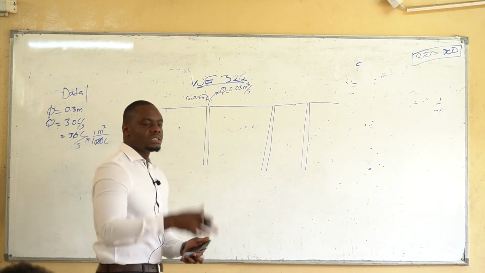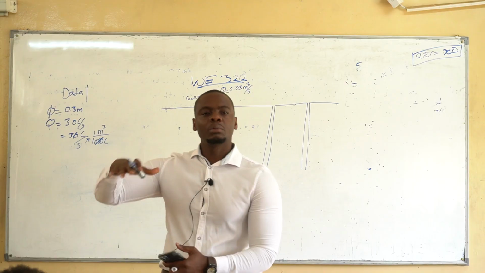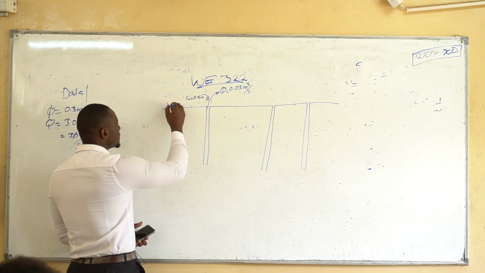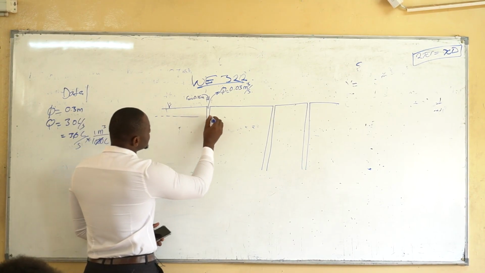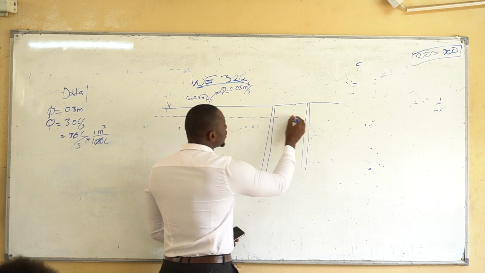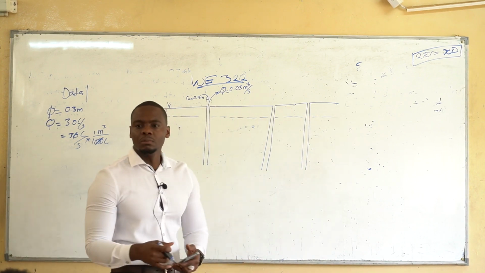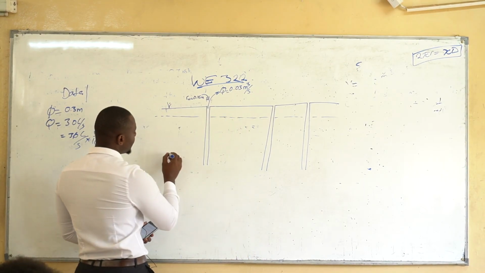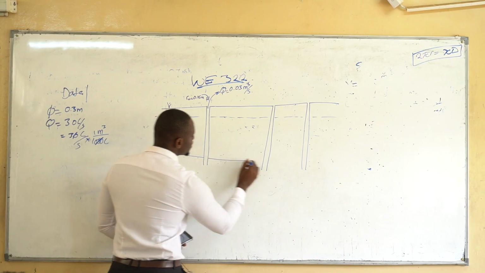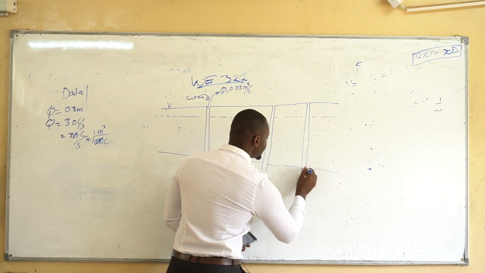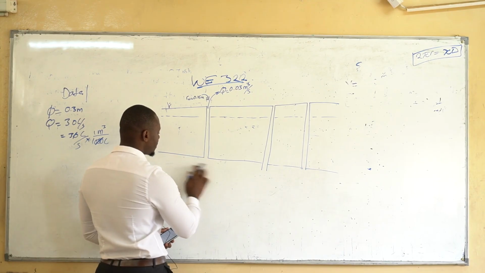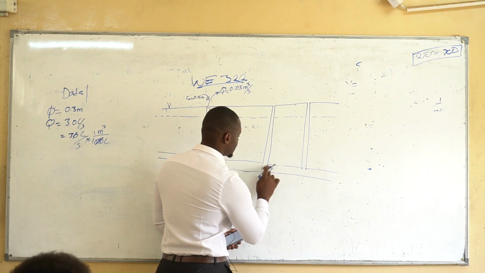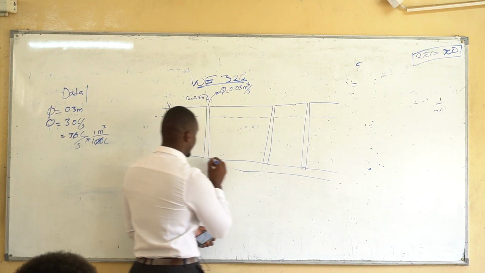They also talked about this well penetrating the water table 33 meters below. So if this is your surface, just try to imagine that this is your water table, your original water table before you pump out water, all right? So meaning 33 meters below, let me assume it's somewhere here. And just from the question alone, you should be able to tell that this is a confined or unconfined aquifer? It's unconfined, right?